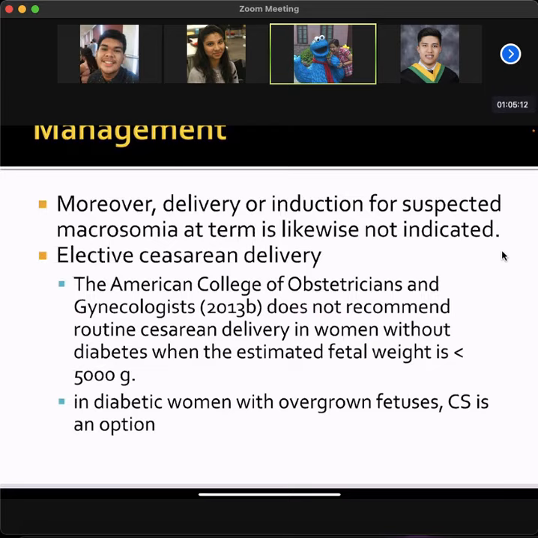But in diabetic women, the cutoff is 4,500, smaller. This is because of the preferential storage of the extra fat in the shoulder pad area, which makes the babies or fetuses of diabetic mothers susceptible to shoulder dystocia.